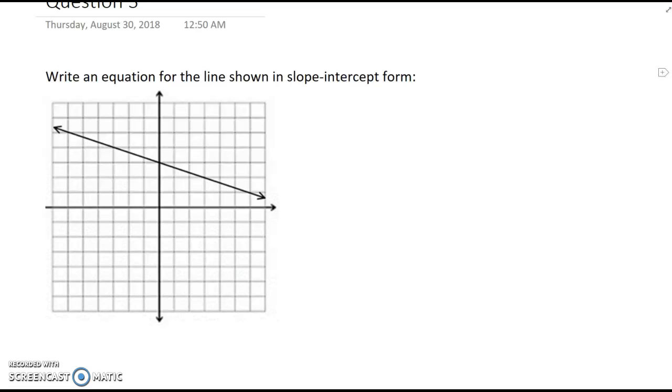In this case, we're going to assume that we have a y-axis and an x-axis. Slope-intercept form is y equals mx plus b, where m is the slope and b is the y-intercept. And so I'm going to count out the slope. Here's a point right here. Here's a point. I'm looking where it matches to a whole number. I go down 2, and I go over 6.